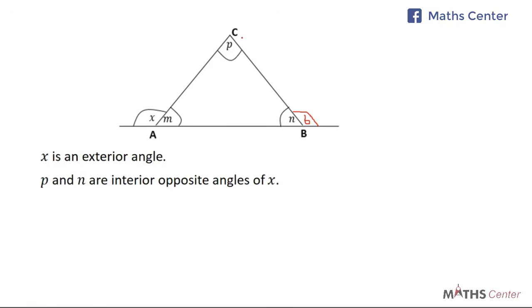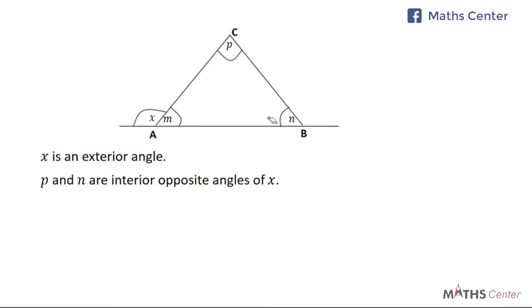So in the same way, if we extend this line here, and we create another angle here, let's call that angle D. If you call the angle that we form here angle D, you are going to say that M and N will be the interior opposite angles of the angle that we form here, which will be angle D. I hope that is clear.